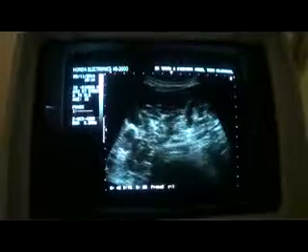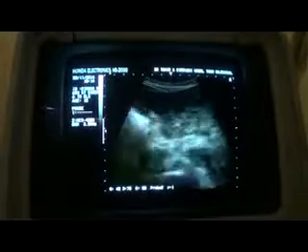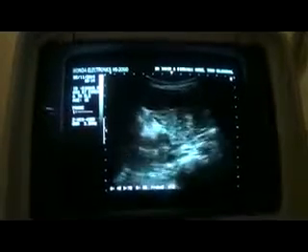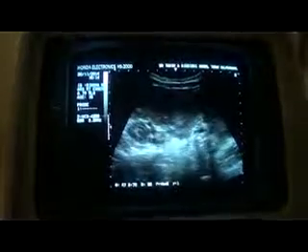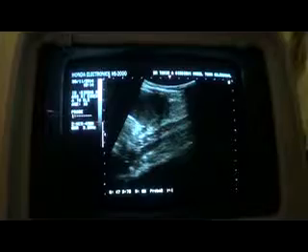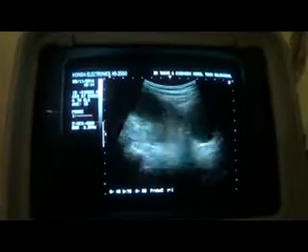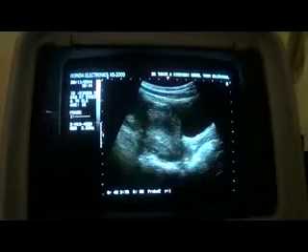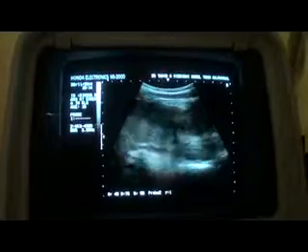Now transverse. So this is the mass. Again, the fluid in the pelvic cavity.